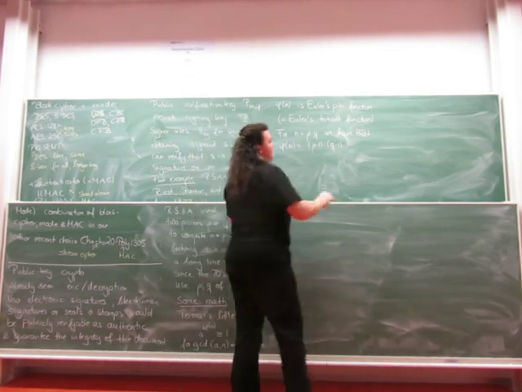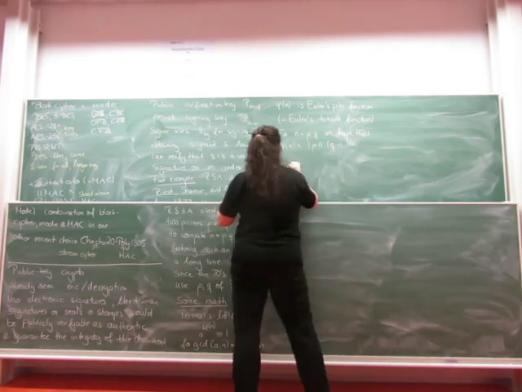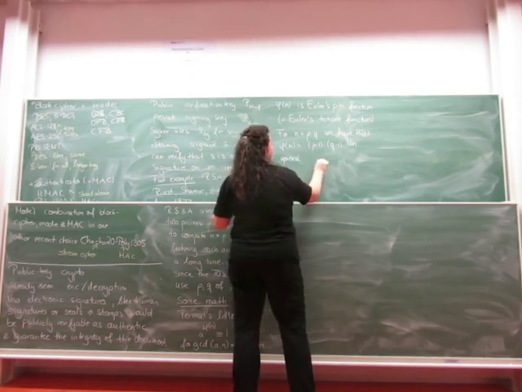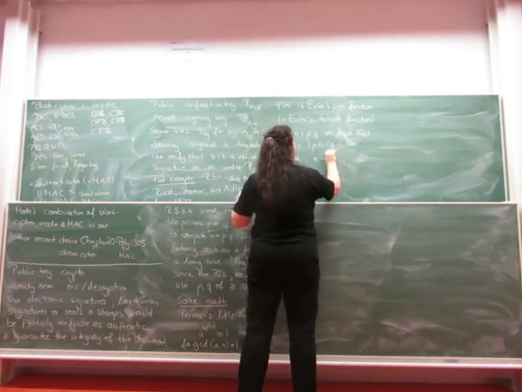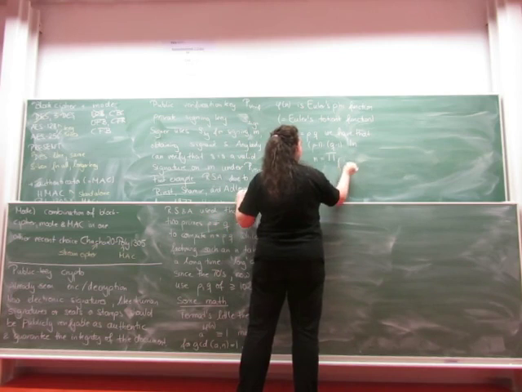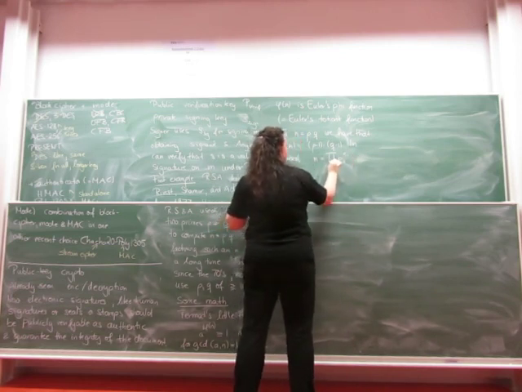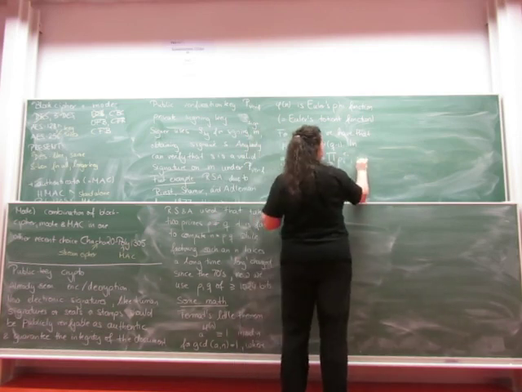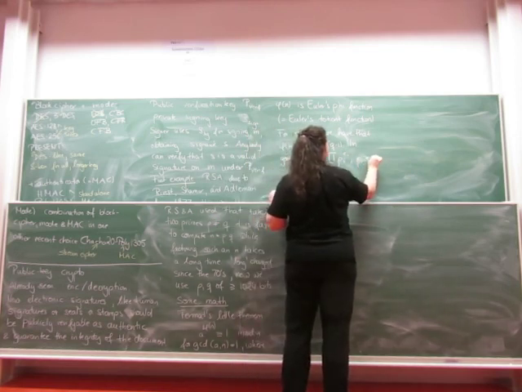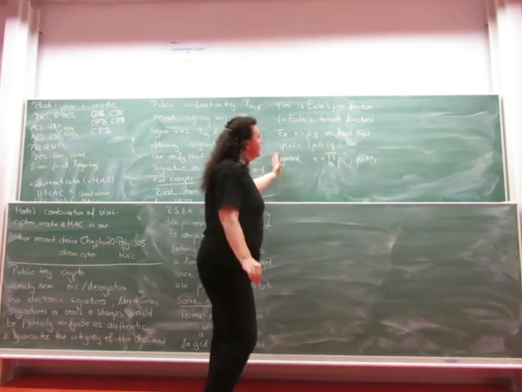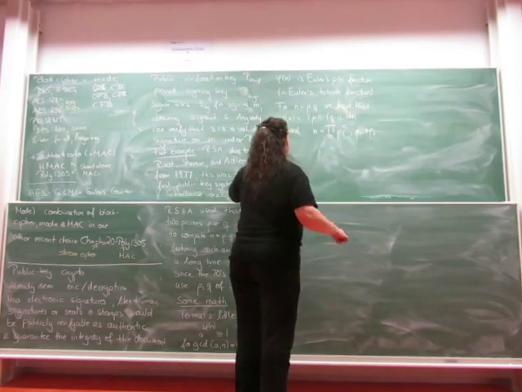And in general, if you have n being the product over some primes p_i with positive exponents e_i, where we don't want any of them to be the same, so p_i is different from p_j, and all the e_i are at least 1.